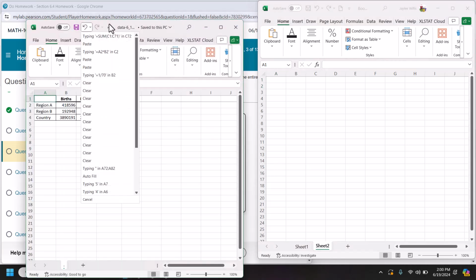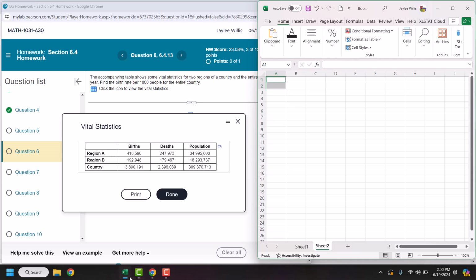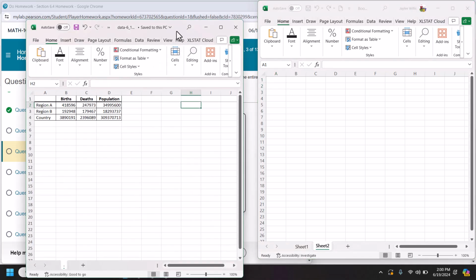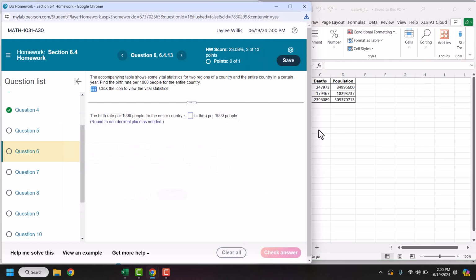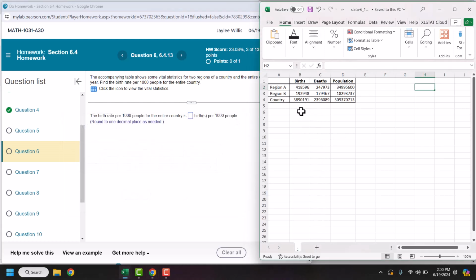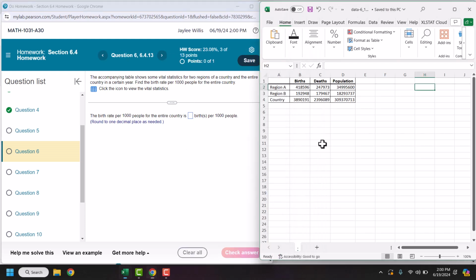So, in this table, we're given two different regions and then the country as a whole. And we are asked to find the birth rate per 1,000 people for the entire country.